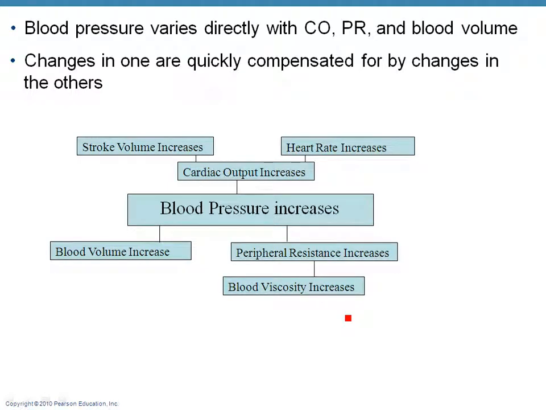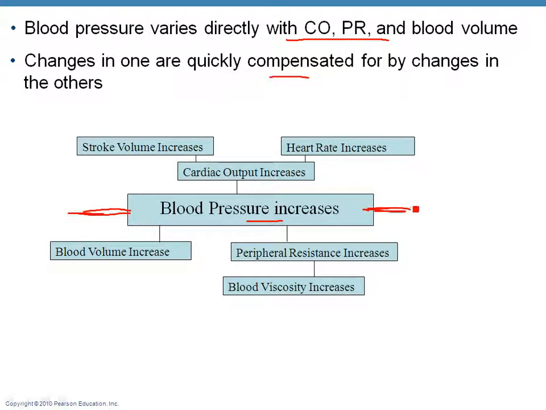Alright, so how do we control this blood pressure? Blood pressure varies directly with cardiac output, peripheral resistance, and blood volume. If you change one, there are compensations quickly made, short-term changes, to keep your blood pressure stable. So let's just say our homeostatic level of blood pressure is normalized, hanging out about right here.